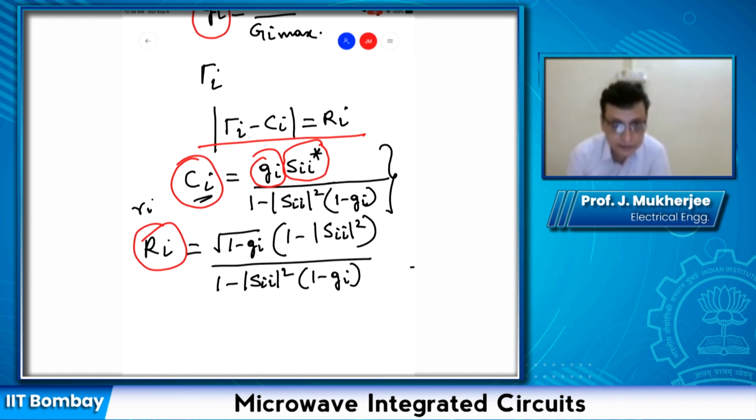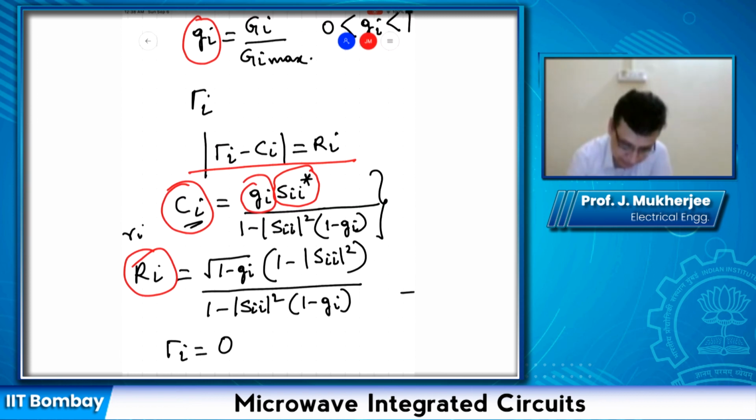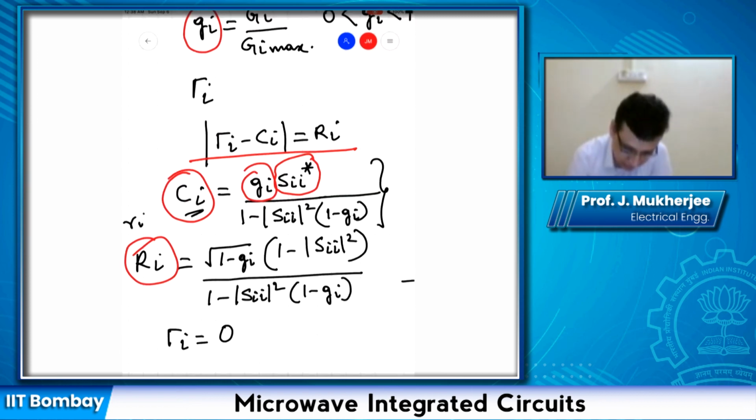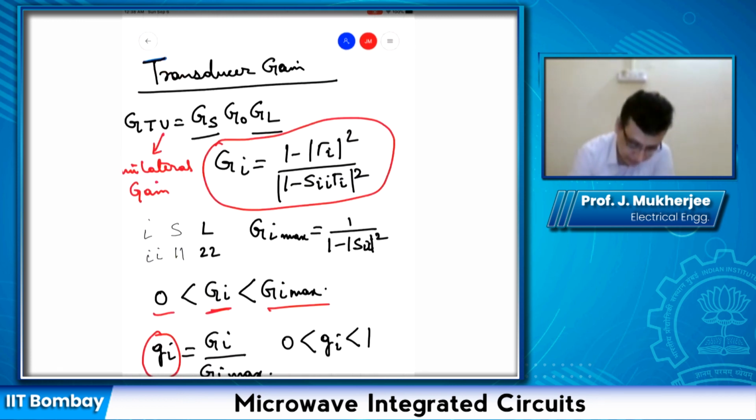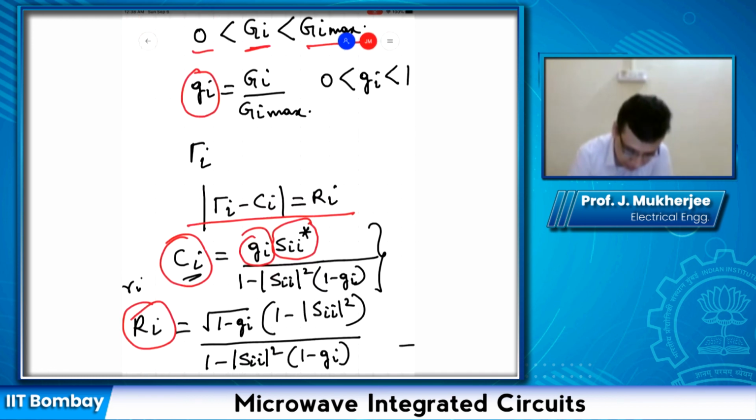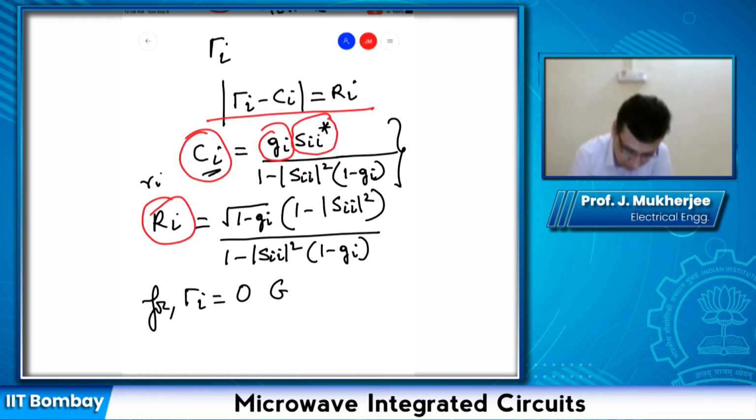So let's see. And note that for a certain value of gamma I, given by gamma I equal to 0, what happens? My gain GI, if I see this equation, for gamma I equal to 0, my gain GI is equal to 1 or 0 dB.